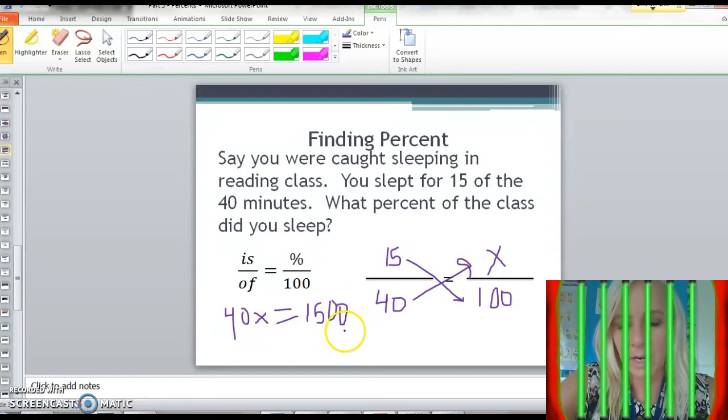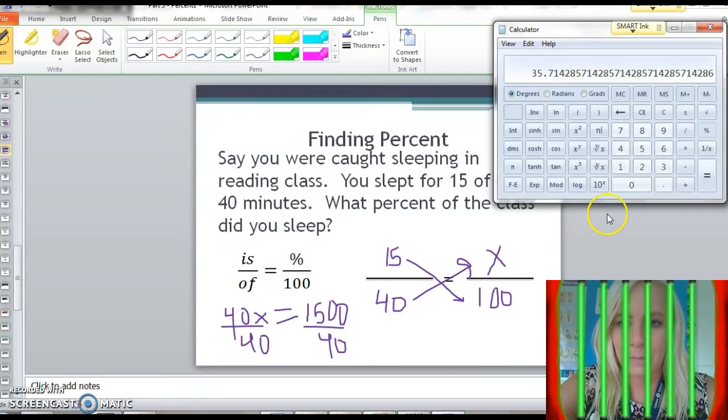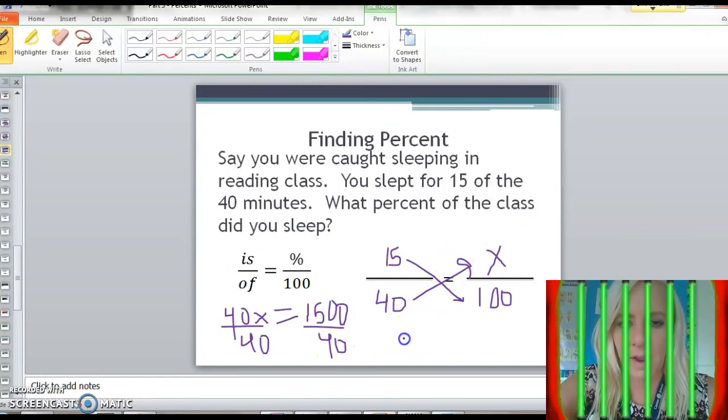So using our property, I can add the 2 zeros for 1,500. I'm going to divide both sides by 40. So that means you were caught sleeping 1,500 divided by 40, for 37.5% of the class. And I know for a fact that you would never be caught sleeping in that. So that's already 0%.